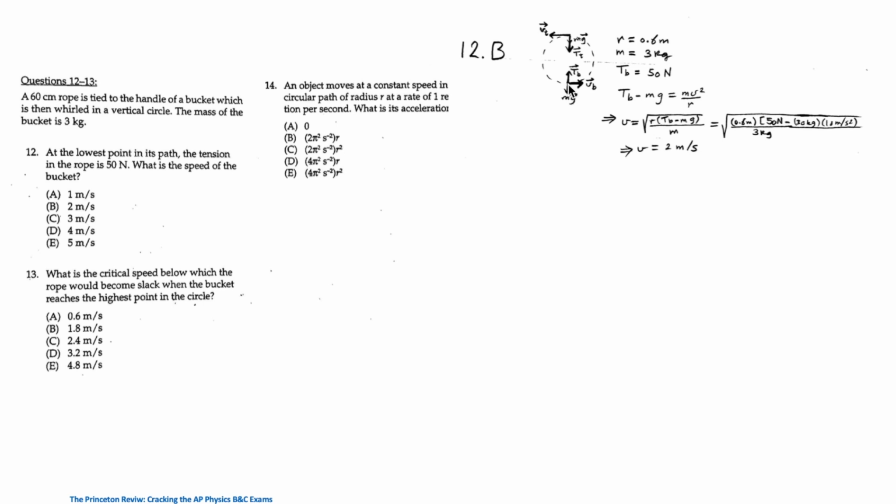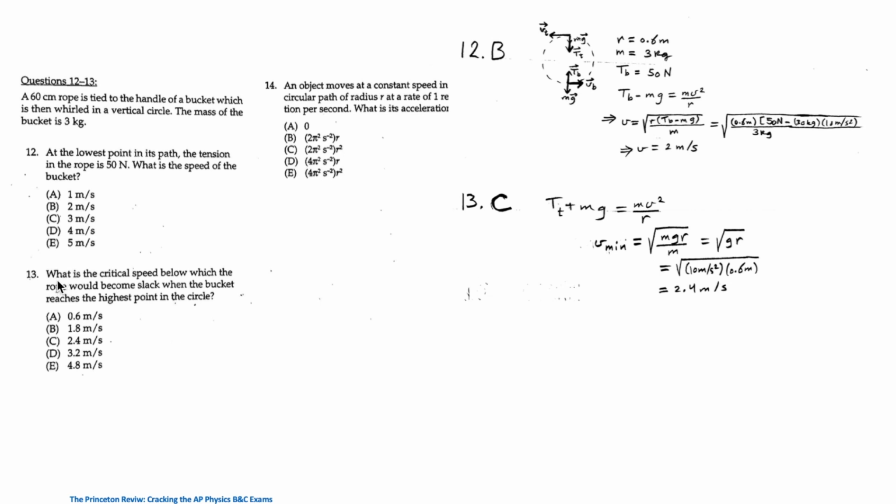For this point, the net force along the radius of the circle, which is the centripetal force, is equal to T_B minus mg, equal to mv squared over r. Okay, so this is the centripetal acceleration. This gives v equal to 2 meters per second, which is B.